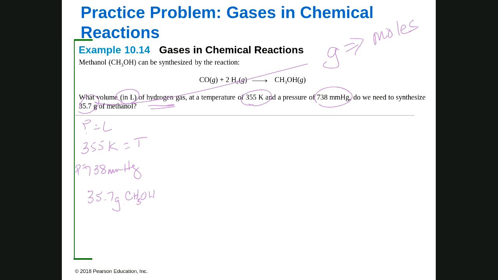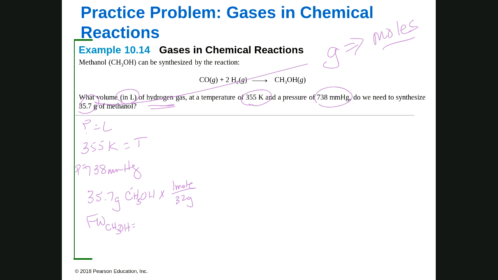So I'm looking at grams, so I'm thinking moles. So I know I'm going to need n. So I need to know what the formula weight of methanol is, because I'm going to have to get that grams to moles. So it's actually 32 grams for 1 mole, because that's 12 plus 3 plus 16 plus 1. So that's 32 grams per mole of methanol.